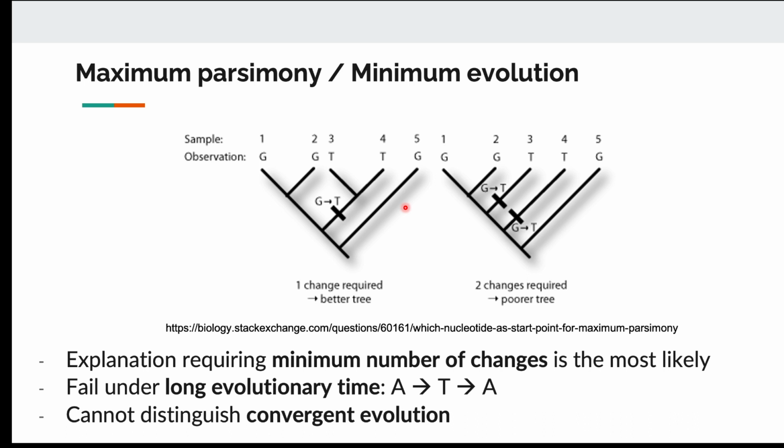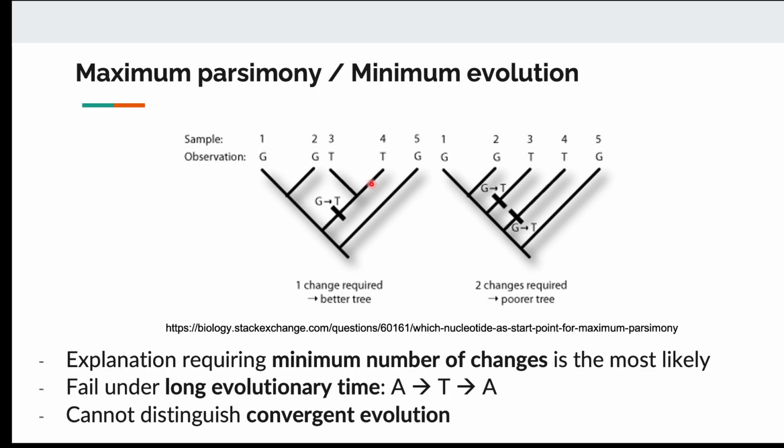So in this case, if we want to reconstruct the phylogenetics from these genotypes, we have two possibilities. One of them has only one mutation. So the common ancestor is a G, and there is one G to T mutation here. And it creates two resulting species. So only one mutation can explain the genotype.